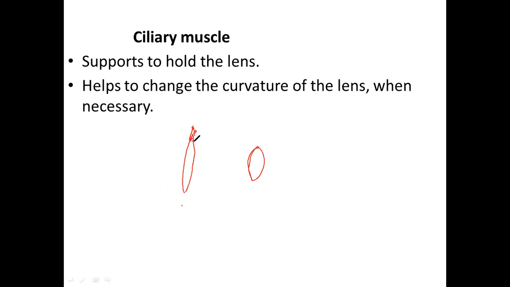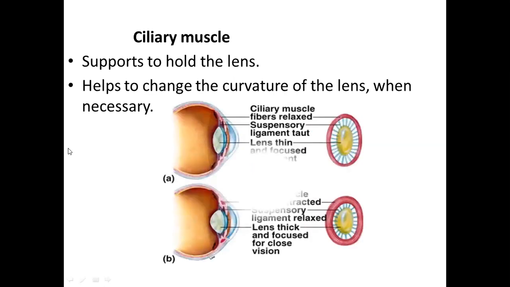When they contract like this, the lens becomes long; when they relax, it becomes big like this. The curvature is controlled by the ciliary muscles of the eye. Ciliary muscles.